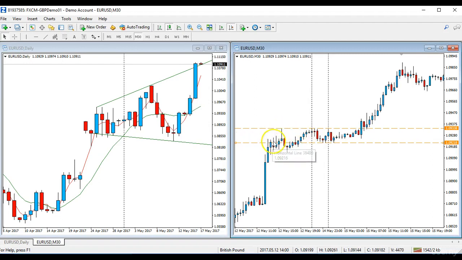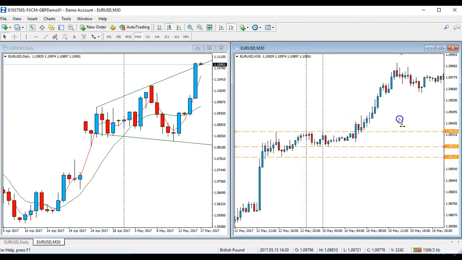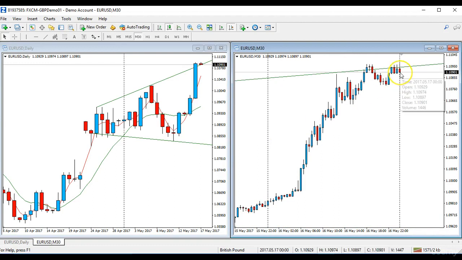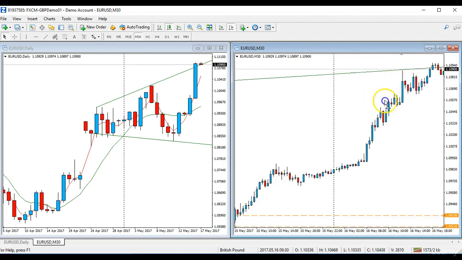Price hits this area here, forms this sideways move, and then after the weekend, these two lines here stand for the weekend, it starts to again form this area of resistance, this sideways move, and then it breaks through with a big candle at about 6 a.m. in the morning, but I think this is actually one hour ahead.